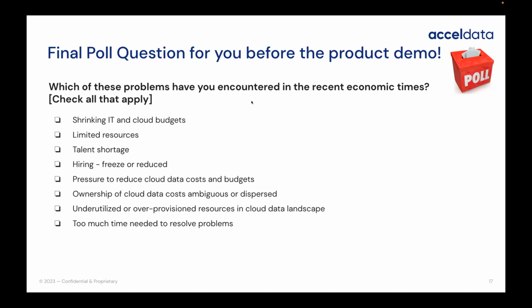Oops, sorry, just running into some technical difficulties, not sure why. Here we go. No worries. It'll give you time to think about the problems you have encountered. So we have been thinking of different angles, like the cloud budgets, the shrinking IT resources, everything that we discussed now, the limited resources, the talent shortage.